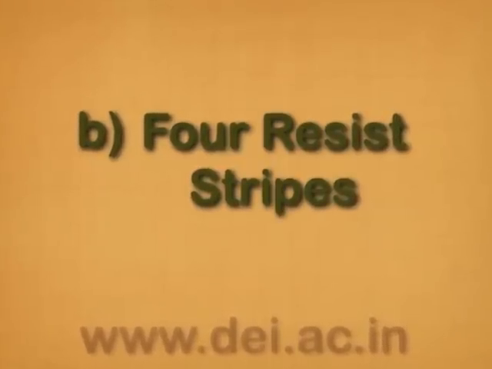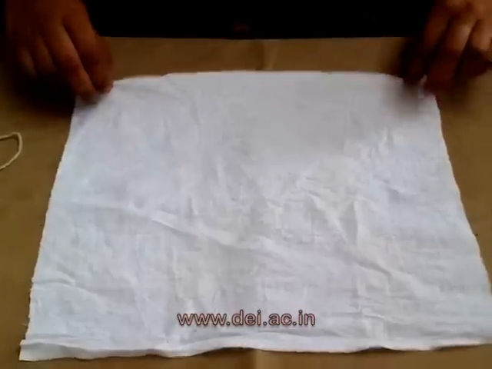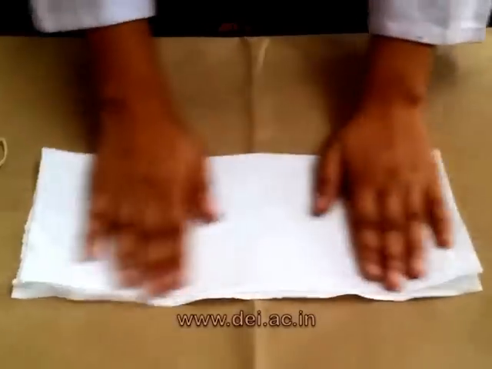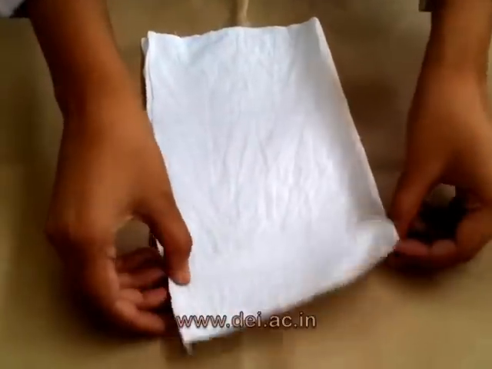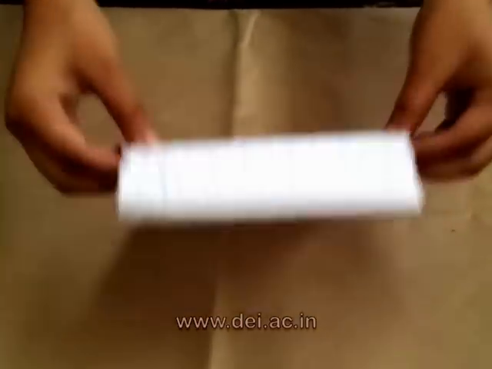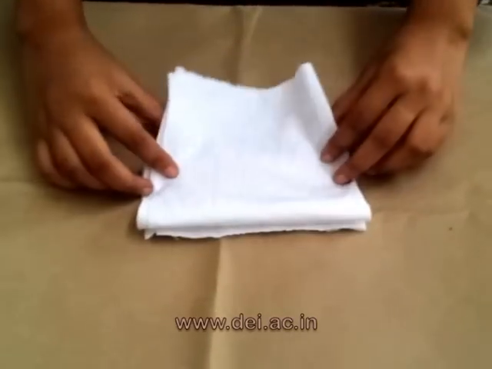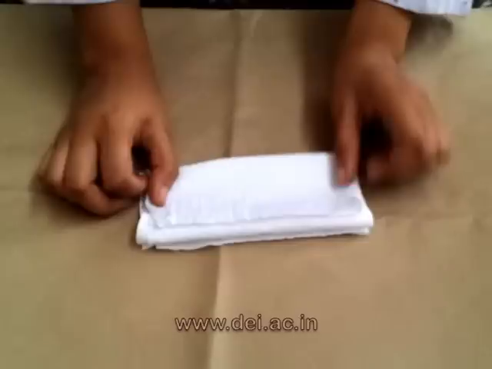Another method of simple stripe is resist stripe. Fold the cloth in half in the direction of the proposed stripes. Turn each side back again to the middle so that there are 4 thicknesses of the cloth. Make the folded cloth into a series of pleats across and at right angles to the previous one.